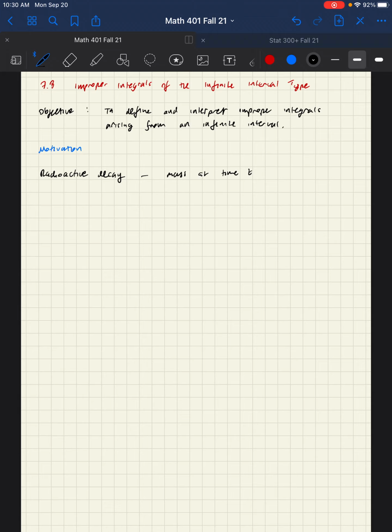So if we're given the mass at time t of a decaying substance from the time point where we start measuring to forever, our domain for this model is from 0 to infinity, and we have the function m of t equals m naught e to the kt, where we assume k is a negative number called the decay constant, and m naught is the initial mass.